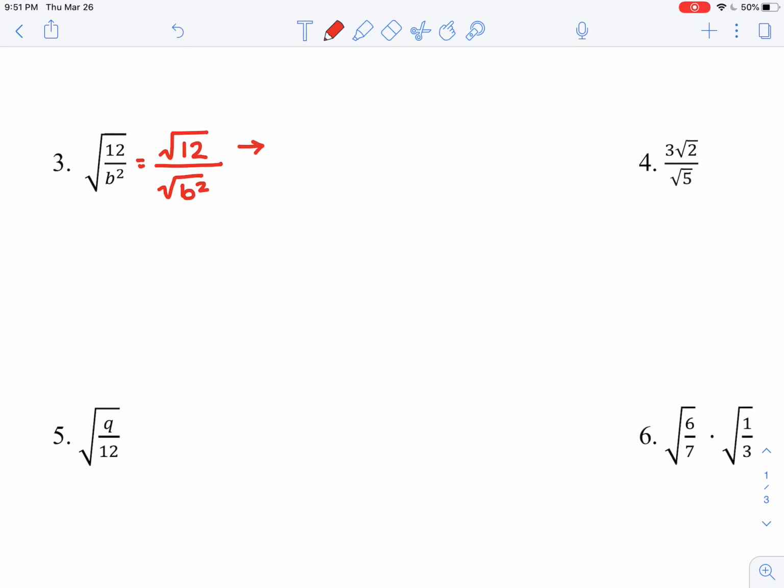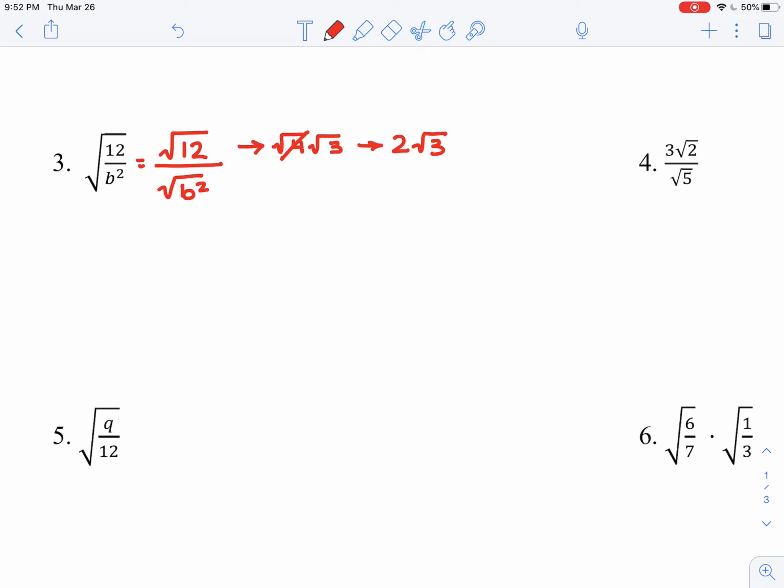So if I just look at the square root of 12, I know that 4 goes into 12, so I can split this into the square root of 4 times the square root of 3. But the square root of 4 is 2, and the square root of 3 stays as it is.